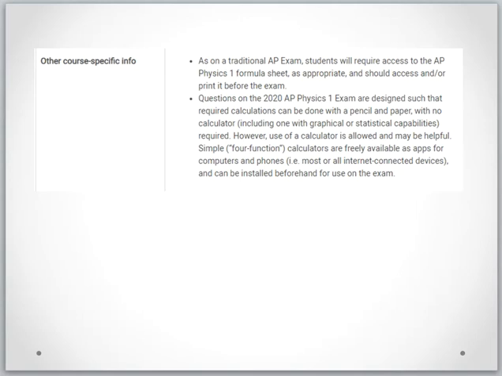You can use your Physics 1 formula sheet. Make sure you have that. And questions on the exam are designed such that required calculations can be done with a pencil and paper. Now, you can use a calculator, but because they are not 100% sure that every student has a calculator available to them, because they're not going to be taking the exam in the classroom, they're basically making the calculations very simple.